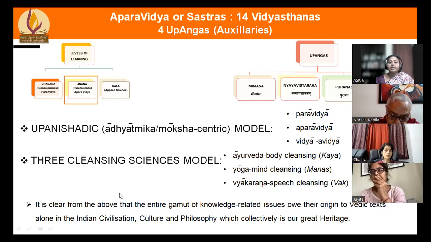And there are 3 cleansing sciences models we have. That is, Ayurveda helps in body cleansing. Kaya Chikitsa, they say. Many of you might be Ayurveda doctors also, I don't know. Then yoga helps in cleaning the mind, manas. Then Vyakarana helps in our Vak Shuddhi.